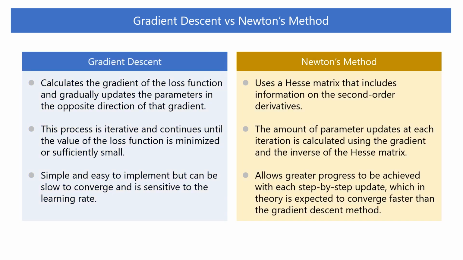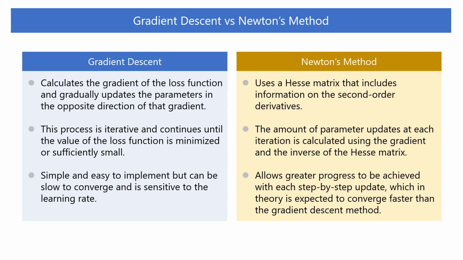While the gradient descent method uses only the gradient computed by the first-order derivatives of the loss function, Newton's method also uses the second-order derivatives. By using second-order derivatives, Newton's method has the potential to converge more quickly to the optimal solution by also taking into account the curvature of the loss function.